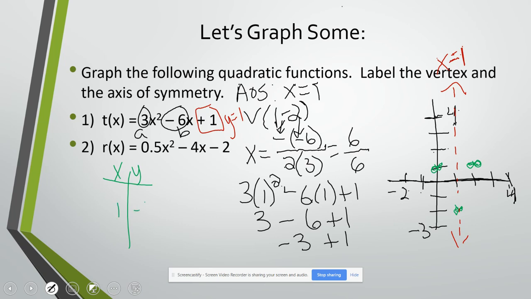So we have our vertex at 1, -2, and I have 0, 1. So this distance here is 1. So I could come on the other side of my vertex to 2, and that would also have to be a 1. Remember, because of the symmetry. And now I can sketch my graph.